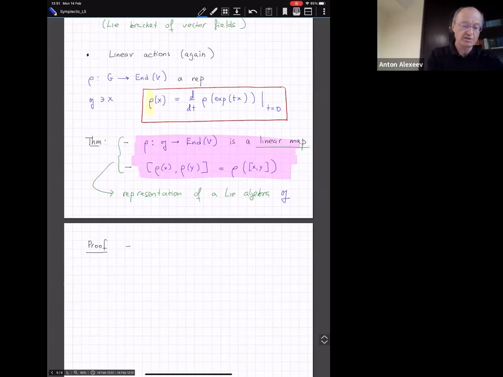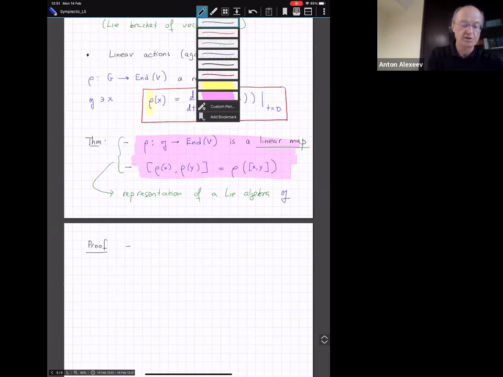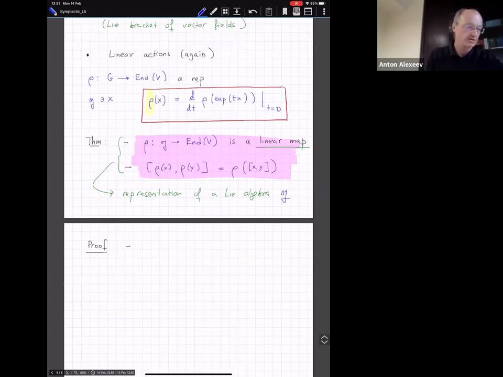Let me prove separately that you can multiply by scalars and that you can add things. So if I multiply by a scalar, this is d over dt of rho of exponential of tax, at t equals 0.